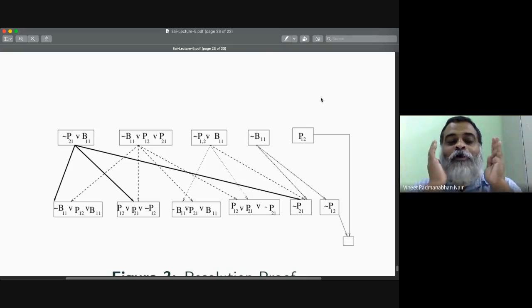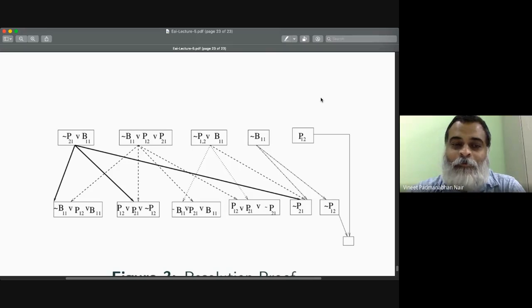So whatever complementary literals I am getting, when I combine first box with second box, first box with third, first box with fourth, and first box with fifth, I am using dark lines to indicate that.